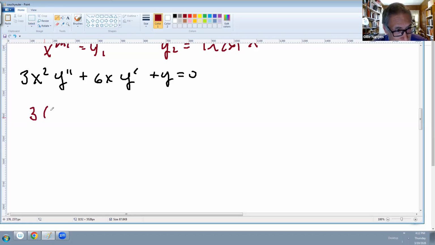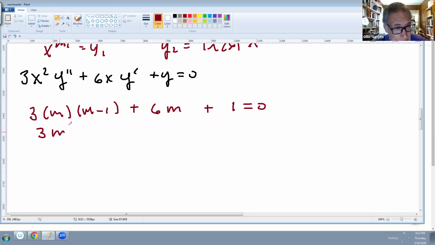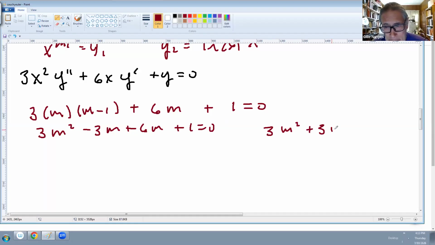So with 3m, m minus 1, plus 6m plus, in this case, 1 is 0. So this is 3m squared minus 3m plus 6m plus 1 is 0. And that is 3m squared plus 3m plus 1 is 0.